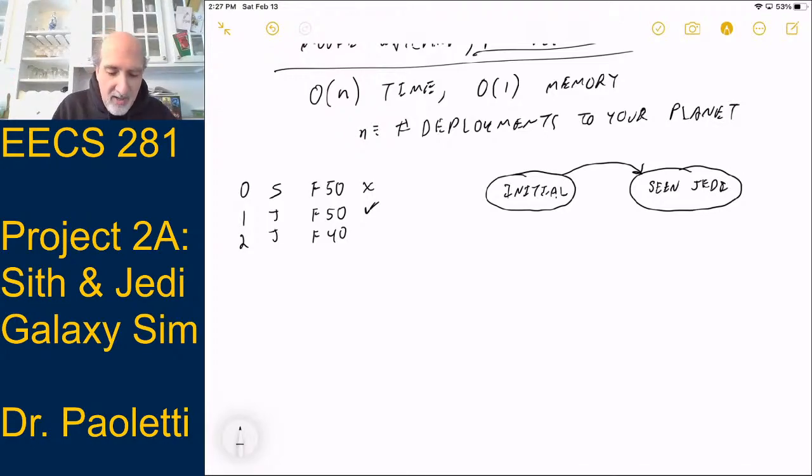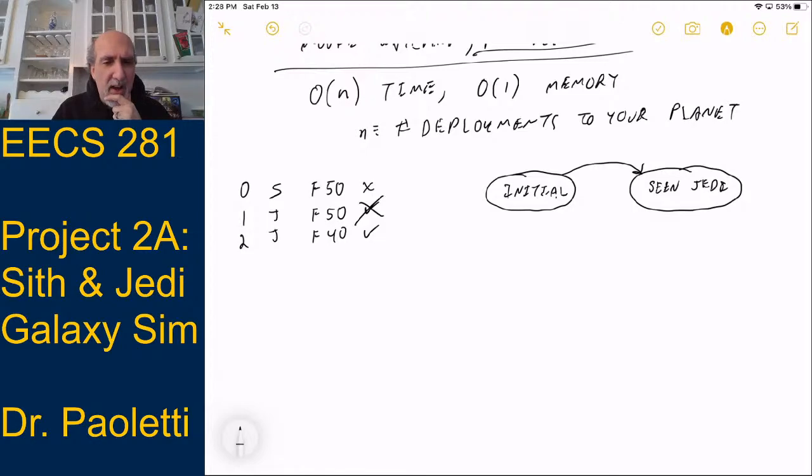So this one is in fact so interesting that it will replace the old one. I don't need extra variables. I just update my variables. I say, hey, I'm still in the same state, but instead of a Jedi with Force 50 time 1, I've got a Jedi with Force 40 at time 2. So I update my best Jedi's Force and my best Jedi's time.